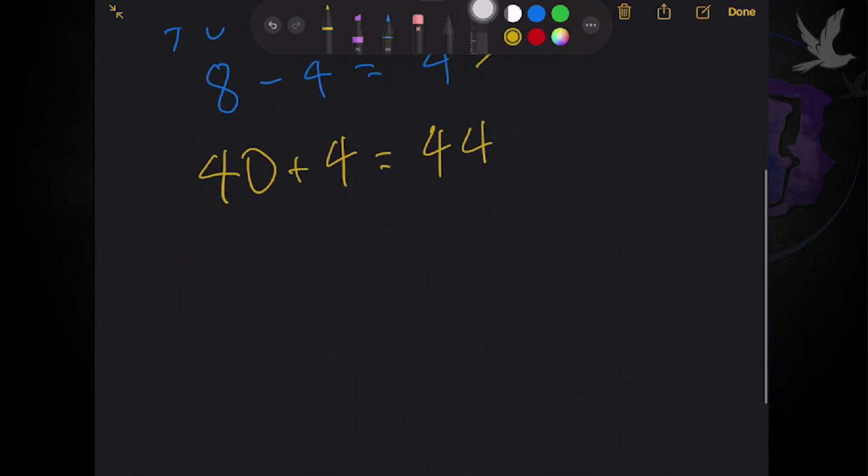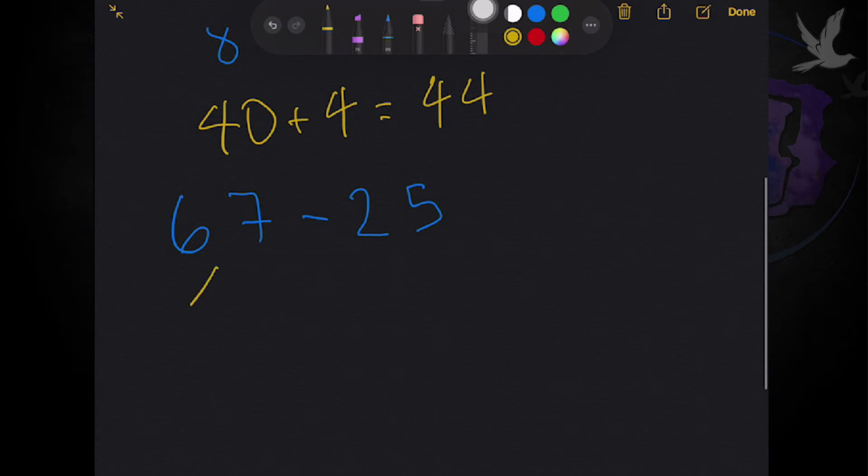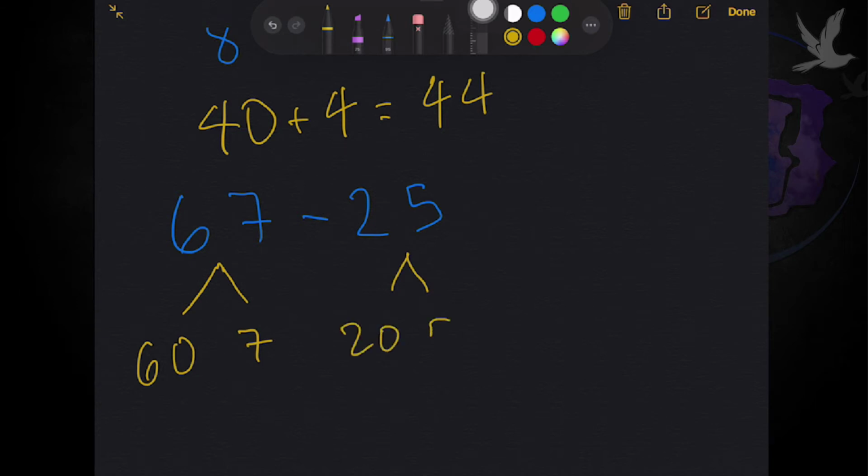Try natin ng ibang example. Just for us to understand further, let's say we have 67 minus 25. Okay. So breaking down both numbers again, separating the tens and ones, we have 60 and 7. And here we have 20 and 5.